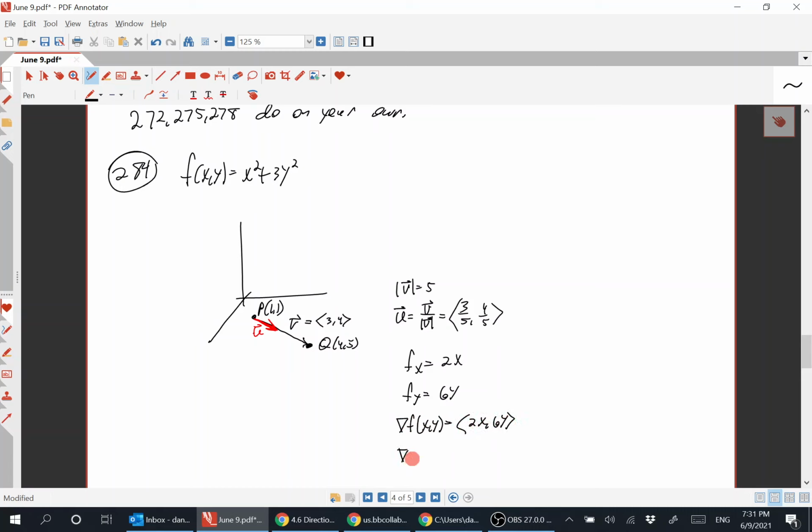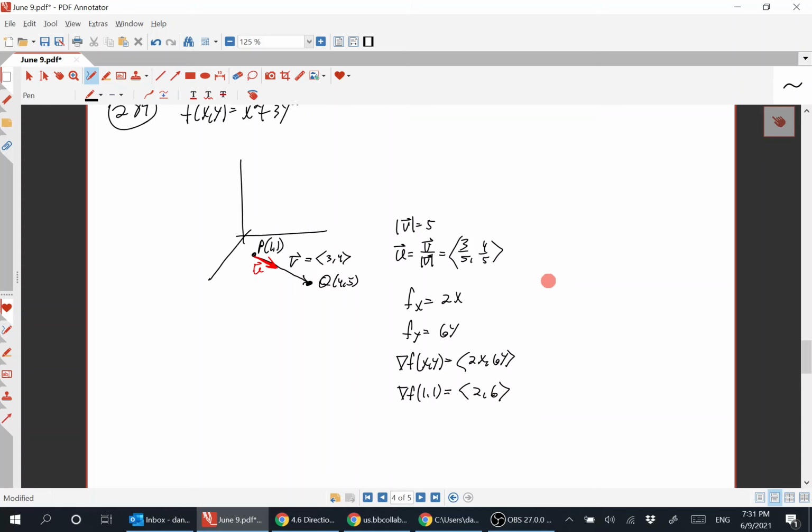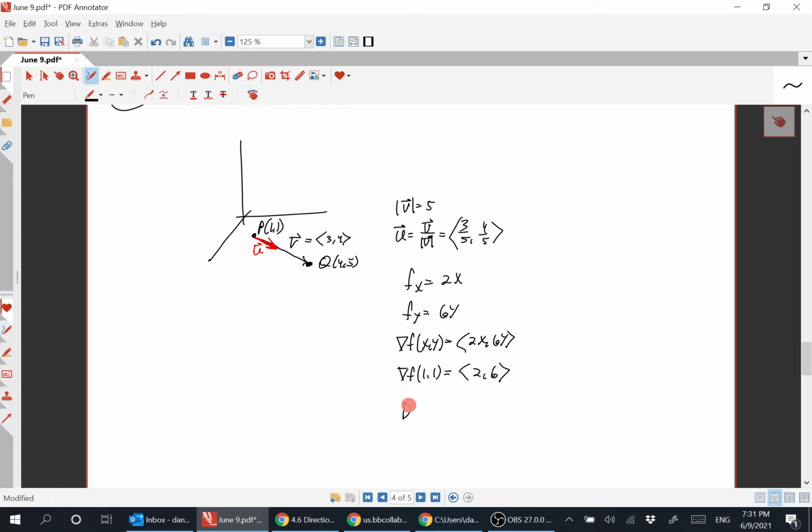So the gradient of f, now we're finding the directional derivative at 1, 1. So this is 2, 6. Right, so the directional derivative in the direction of u of f at 1, 1, where u points from P to Q, is gradient f dot u.